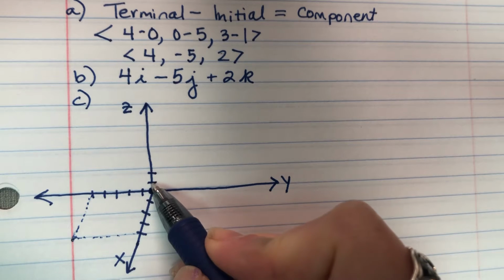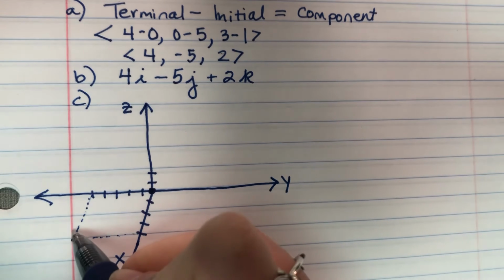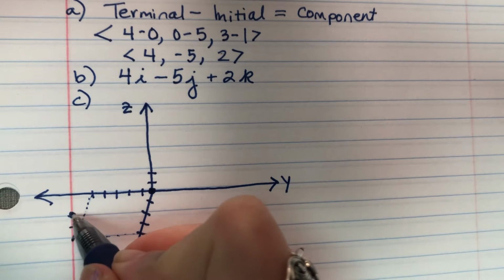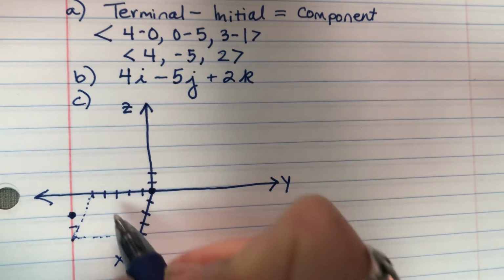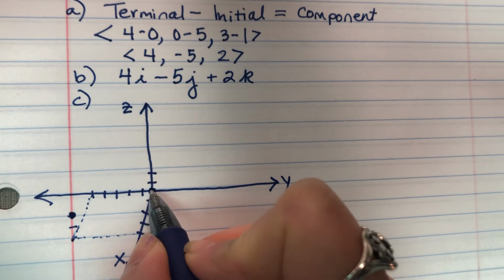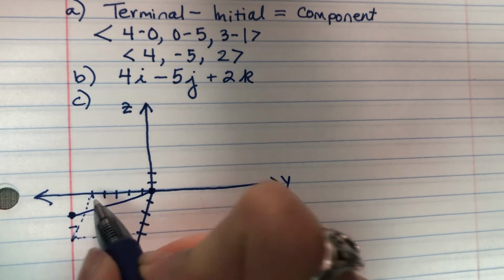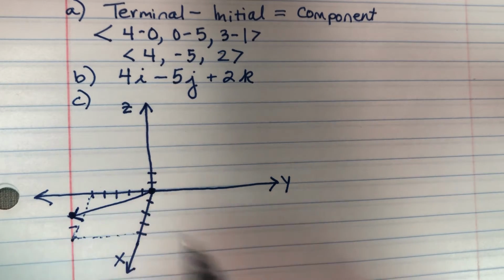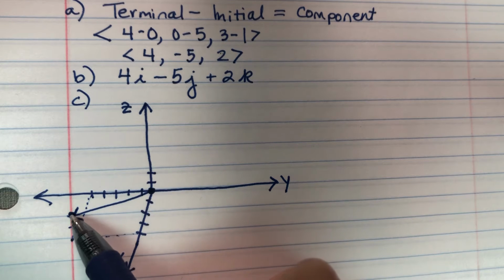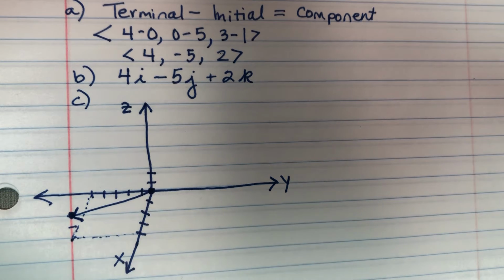But because of z, I have to go up 2 from there. So I'm going to count up 1, 2 to right here. That's going to be the terminal point of my vector. My vector has its initial point at the origin, and then comes out to the terminal point given by the component form of the vector.